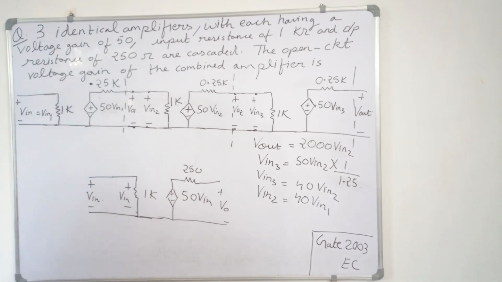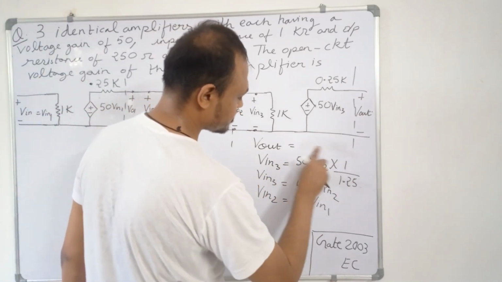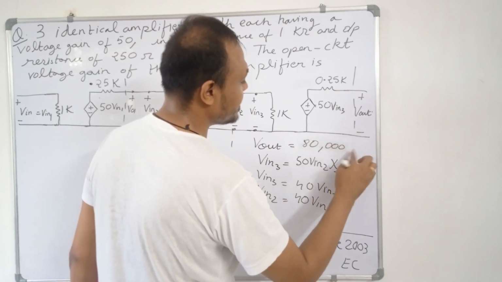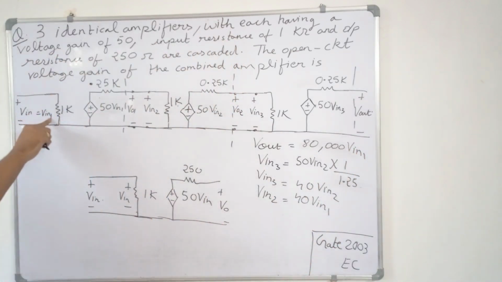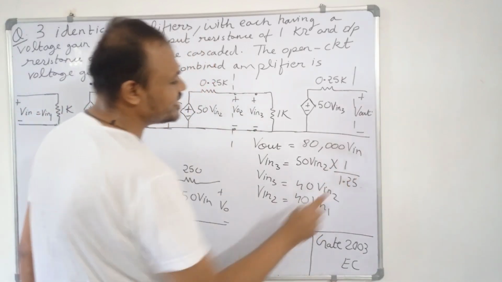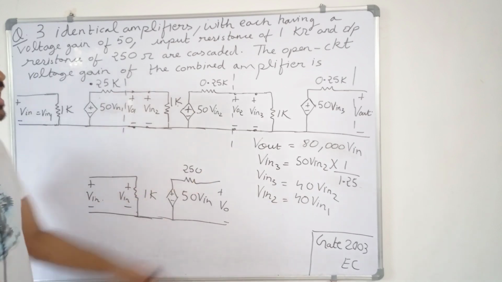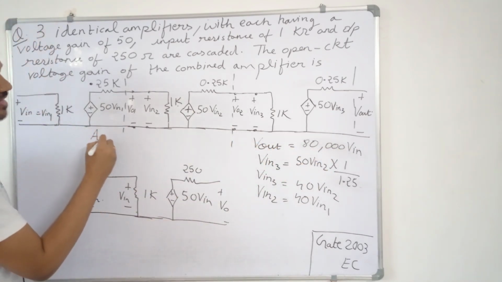Because the circuit is the same, Vout equals 80,000 Vin1, and the input voltage of the first amplifier is the input voltage of the circuit. So Vout equals 80,000 into Vin, and the absolute value of voltage gain AV equals 80,000.